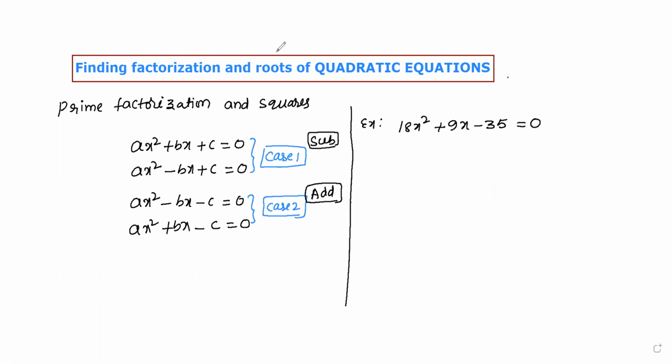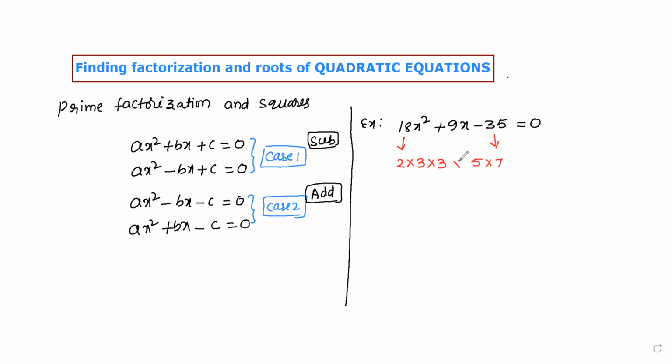The first step is to do prime factorization of the coefficient of x square and the constant term. That is 2 into 9. 9 can be written as 3 into 3 and 35 can be written as 5 into 7.